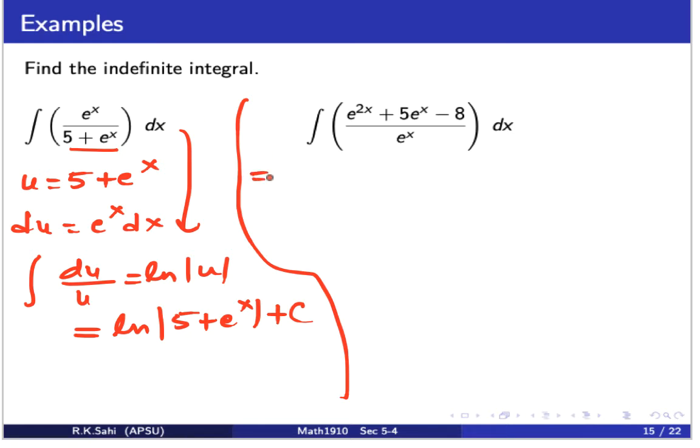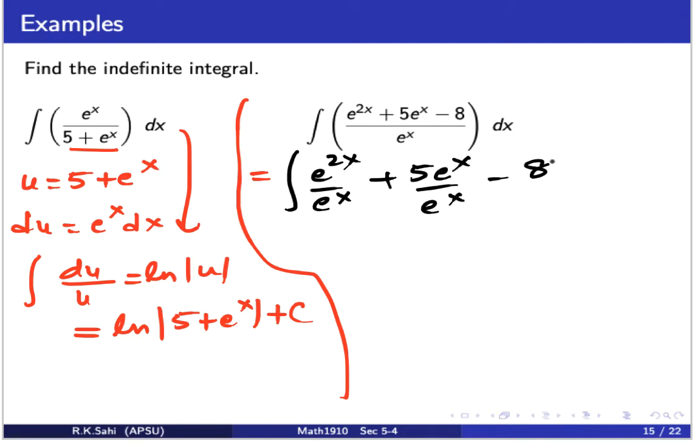So I can write this one as e to the power 2x over e to the power x plus 5 e to the power x over e to the power x minus 8 e to the power x. Now, simply do your exponential rules. So, this is e to the power 2x minus x, simply x.